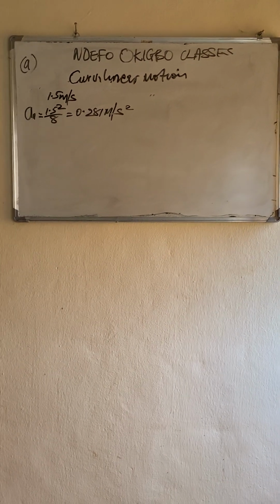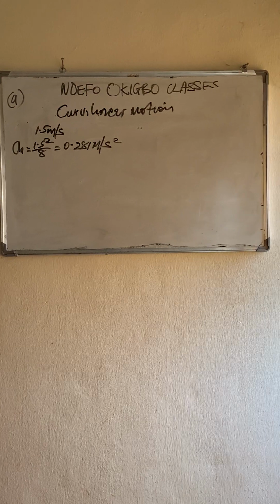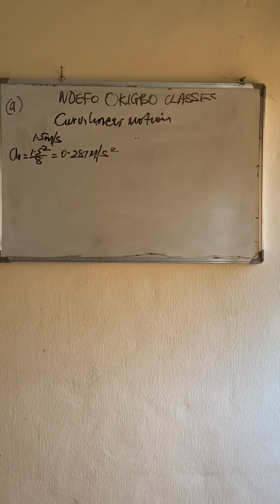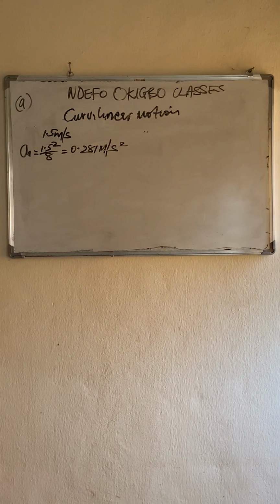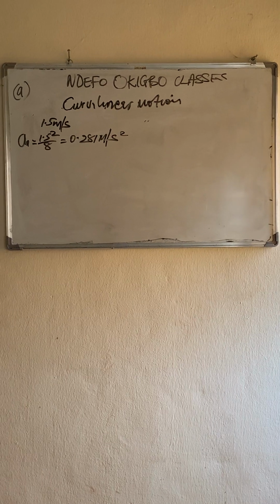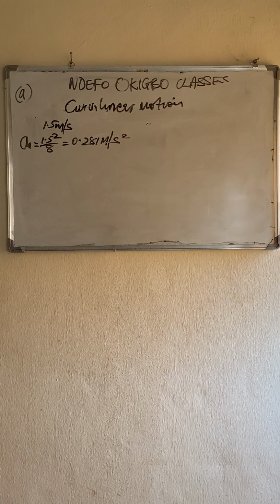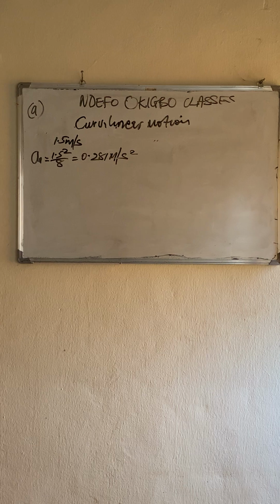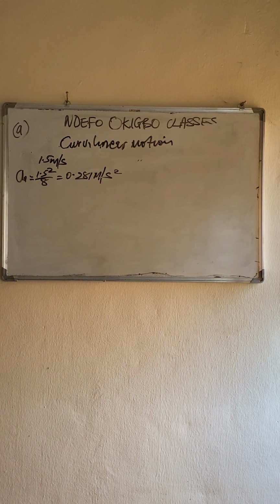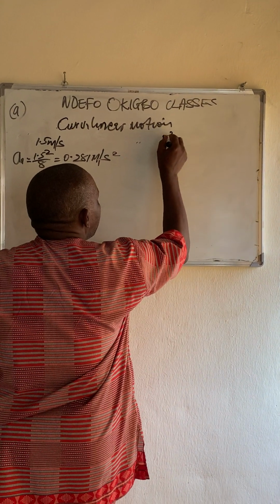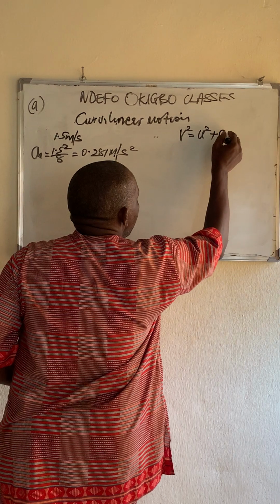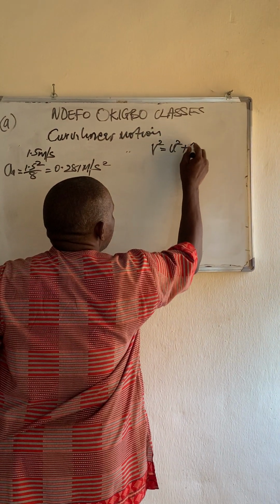To get the tangential acceleration, we look at what we have in the question. We have the distance traveled, the velocity with which it started, which is 1.5, and the velocity with which it ended, which is 1.2. So I use the third equation of motion, v squared is equal to u squared plus 2as.